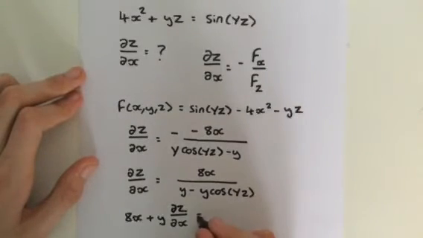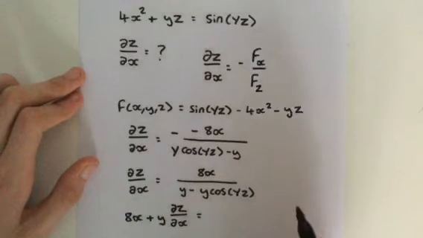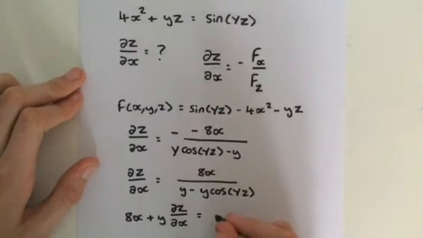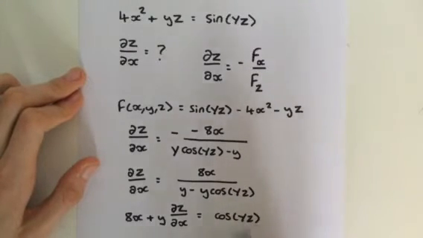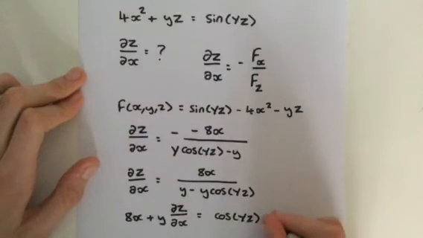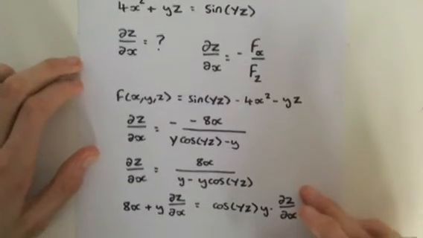Okay, this is going to equal sine yz. So like we did before, we got the cosine of y times z, and now we have to differentiate the inside. Well, we just did that. We got y partial of z with respect to x. So we multiply this by y multiplied by the partial of z with respect to x. Okay.